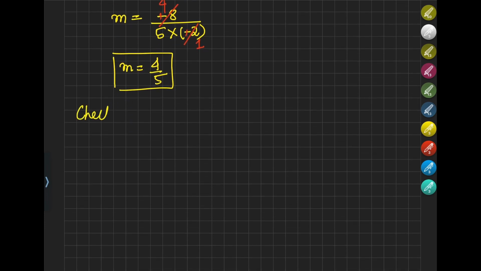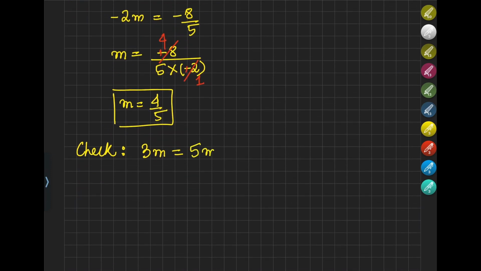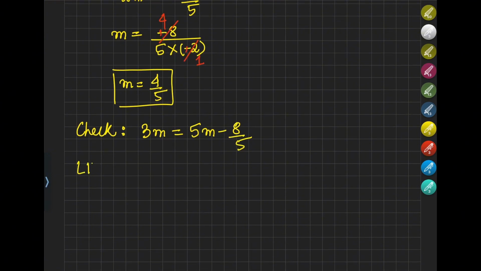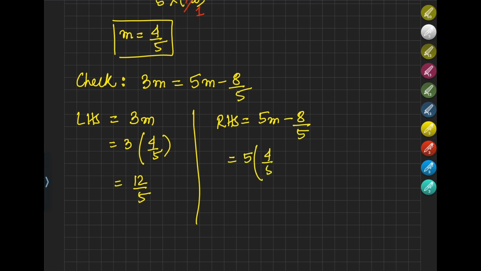Now for check, let's write 3m = (5m - 8)/5. Now in the LHS we have 3m. So 3, the value of m is 4 by 5, which is equal to 12 by 5 in the LHS. Now in the right hand side we have (5m - 8)/5. So 5 times 4 by 5 minus 8 by 5.